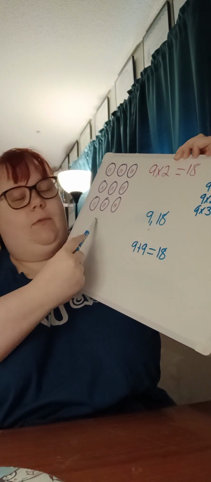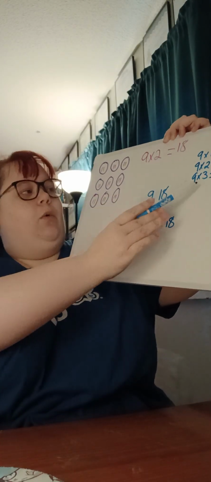We can write down our 9 tables. All different ways to find the same answer. Skip count, add, draw your circles, or write your times tables and find your answer.